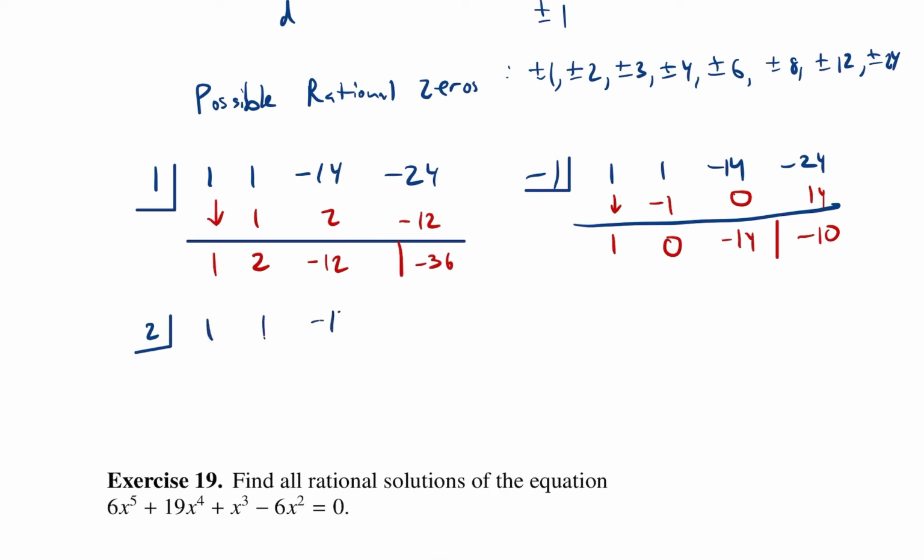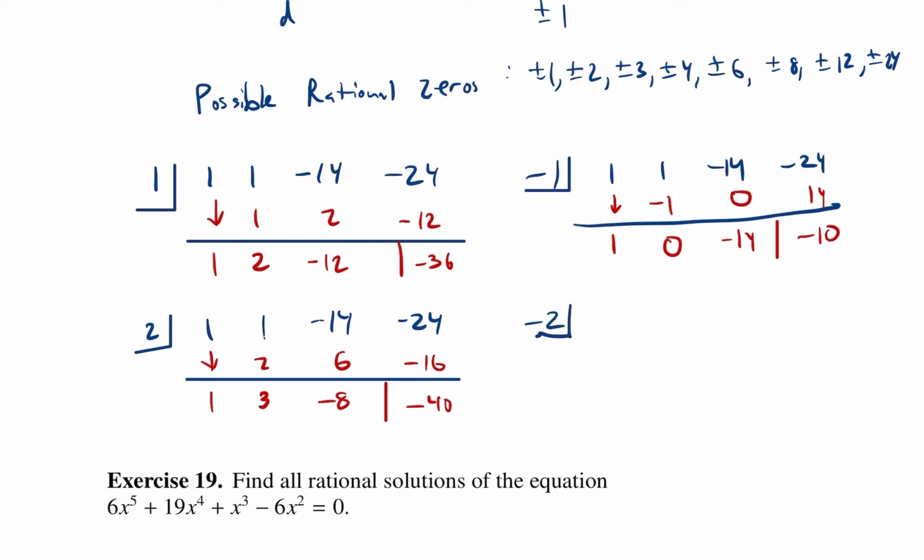So we move on to the next number. And like I said, we hope to get a 0 remainder soon. So it is a little tedious. Bring down the 1, multiply, add, multiply, add, multiply, add, and we get negative 40, I believe. So let's try negative 2.